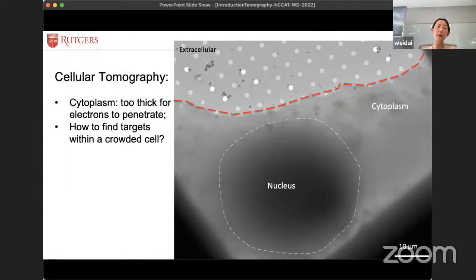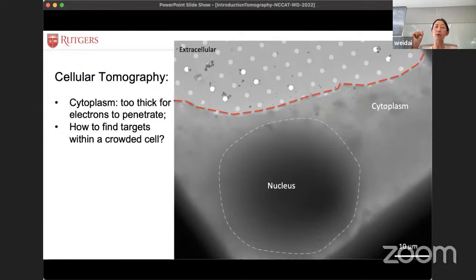So we need to solve that problem for us to have a successful cellular tomography project, right? So the tool people currently use is called focused ion beam. Focused ion beam can help us to solve the thickness problem. And then second, the cellular cytoplasm is a very complex environment. You have proteins everywhere, complexes everywhere. And then how can you confidently say that a particular density is the complex of my interest?